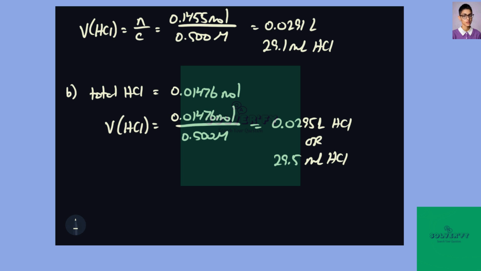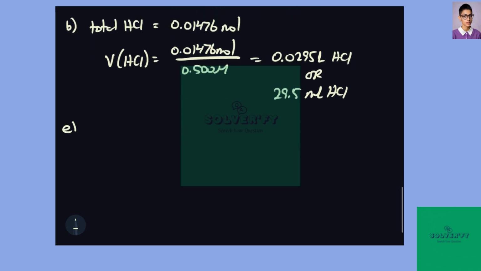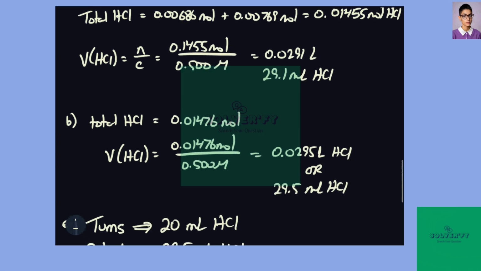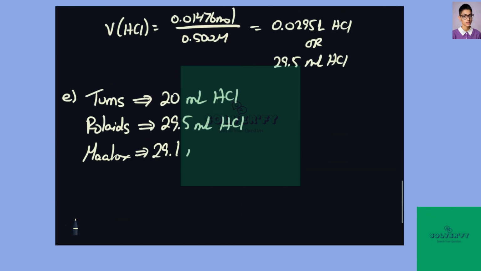So for part E, we're asked which one neutralizes the greatest. For part E, Tums we found neutralizes 20 milliliters of HCl. For part C, Rolaids neutralizes, and we just calculated this, 29.5 milliliters of HCl. And part D, Maalox, we found neutralizes 29.1 milliliters of HCl.